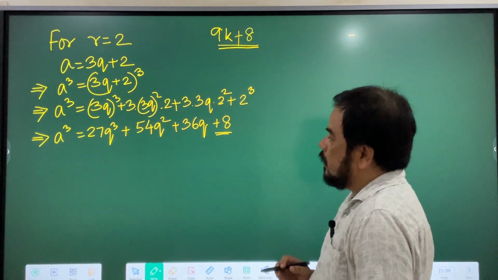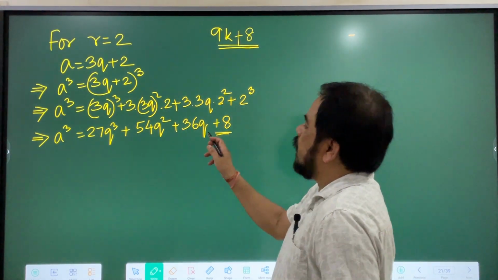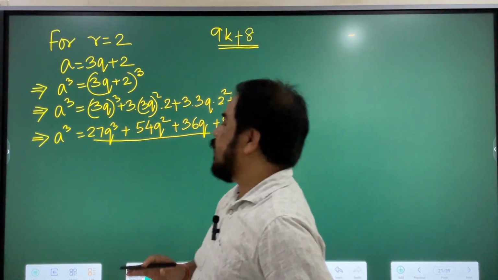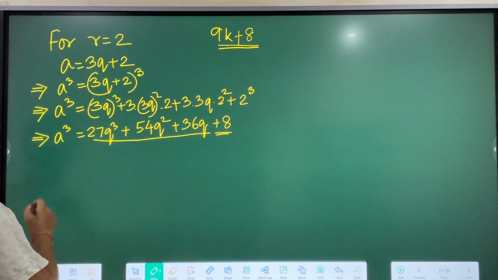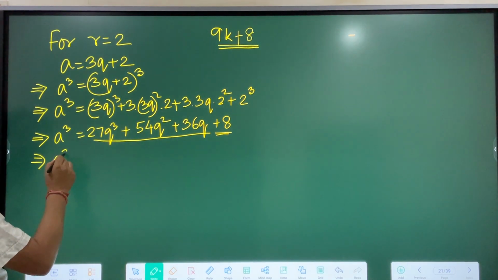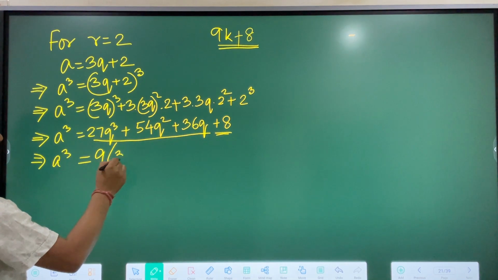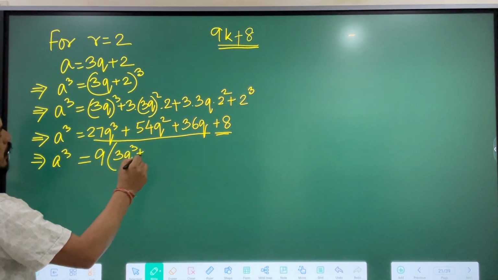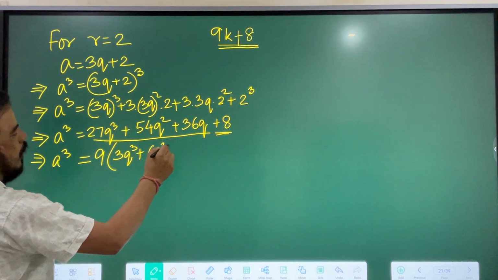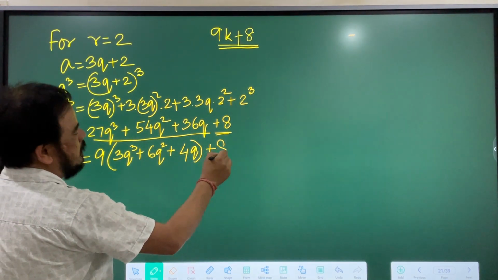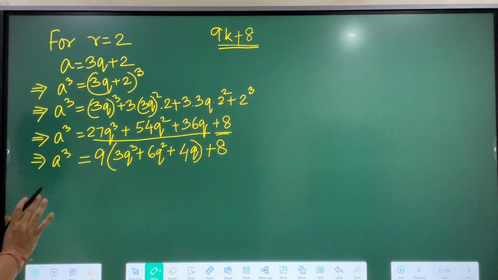So what is our aim? To get 9 common, and we are sure we will get 9 common because all are divisible by 9. 9 times (3q cube plus 6q square plus 4q) plus 8. Sum is very easy.